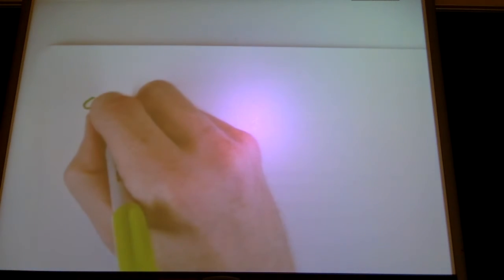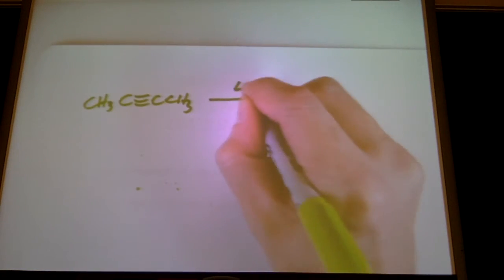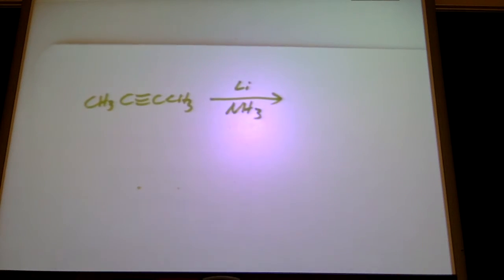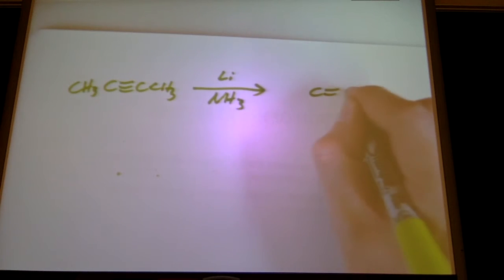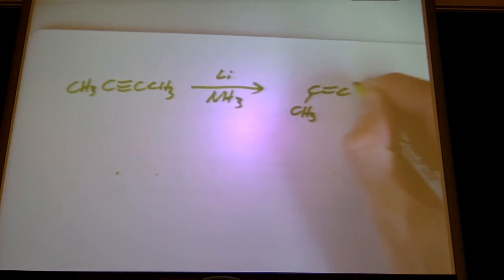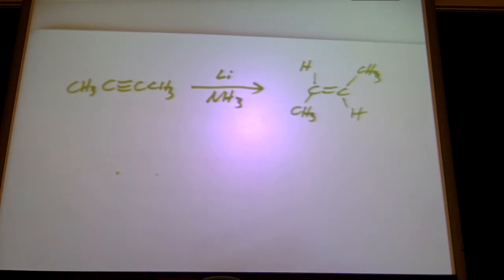So let's look at the same thing, 2-butyne again. I'm going to use lithium. So lithium and ammonia. Ammonia is your proton source. So the other one, the 2 hydrogens added to the same side, and so I ended up with cis-2-butene.